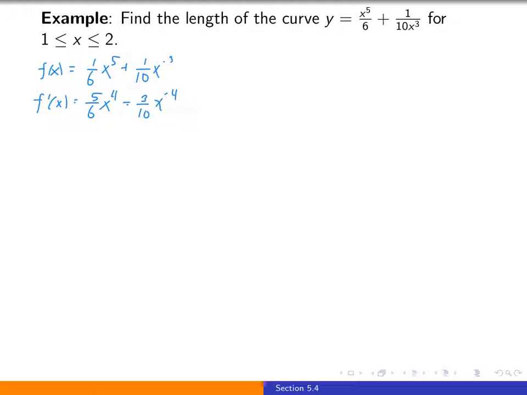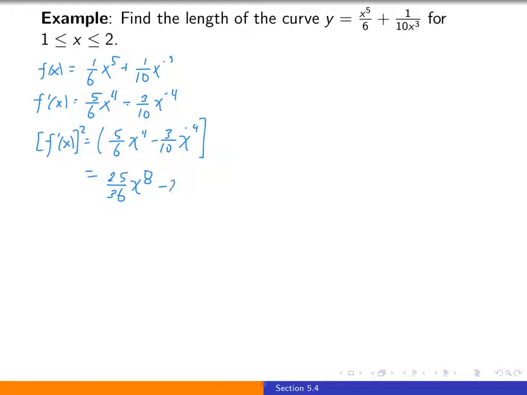What we are going to need is f prime of x squared. If we imagine squaring this, 5/6 x to the fourth minus 3/10 x to the minus 4, what we are going to get is the first term squared, so 25 over 36 x to the 8th, and then we are going to get 2 times the terms multiplied together.